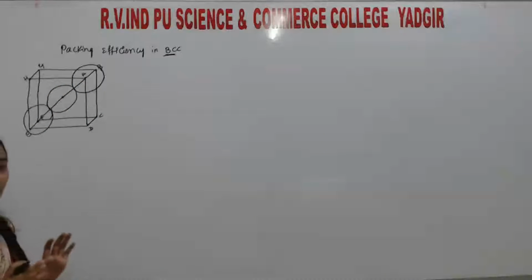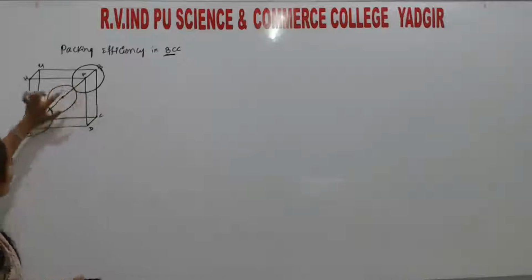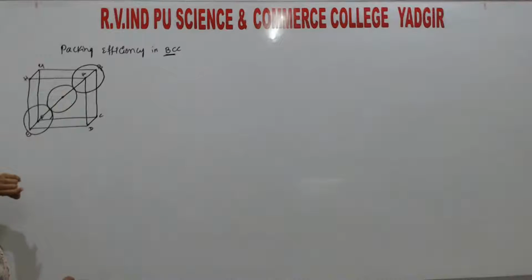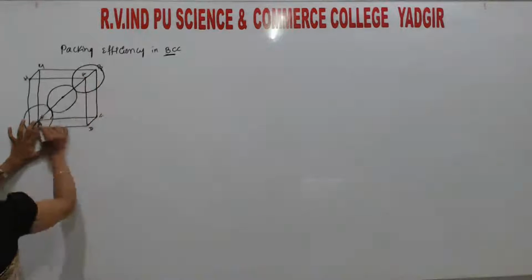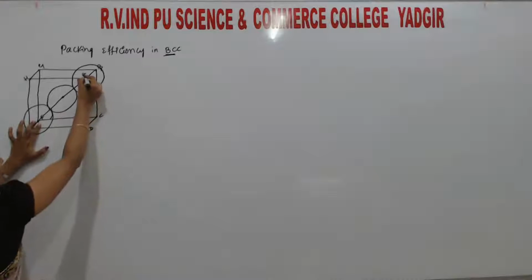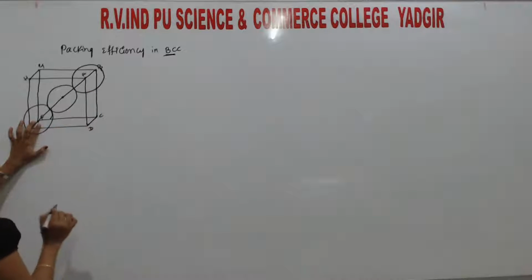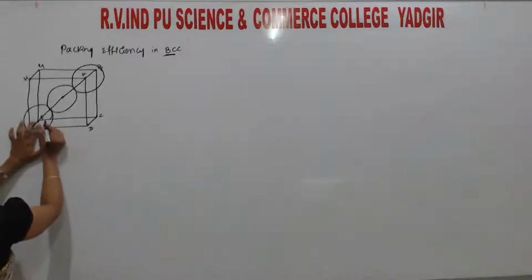This is the way to draw the body centered cubic cell. Students remember, here we need to find this one and F. So we need to consider A and this point and this point.